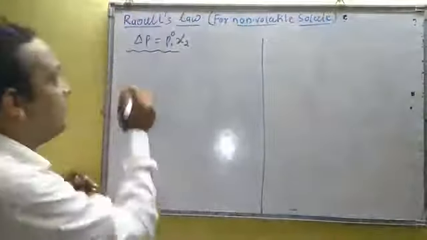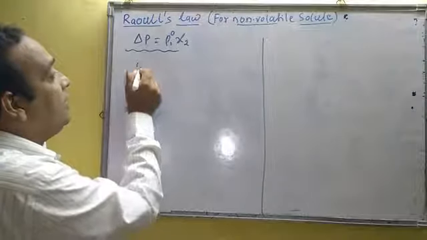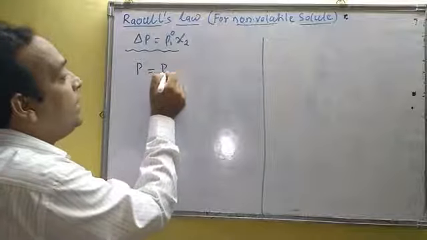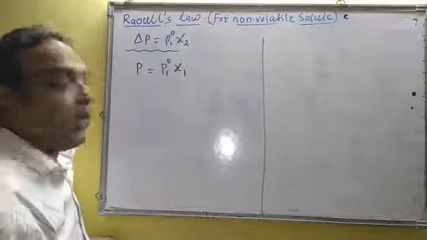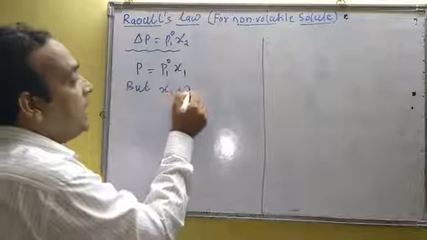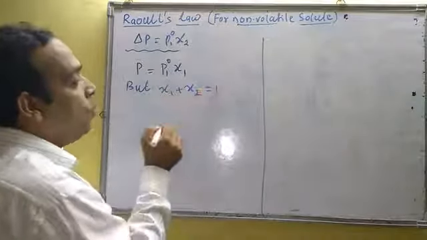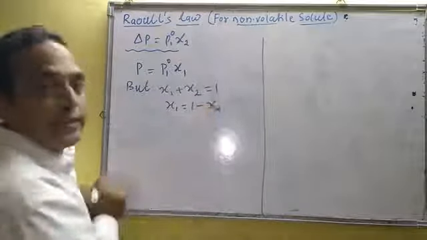So we can write here, according to Raoult's law for binary solution, P is equal to P1 naught into x1. But we know x1 plus x2 is equal to 1, or we can say x1 is equal to 1 minus x2.